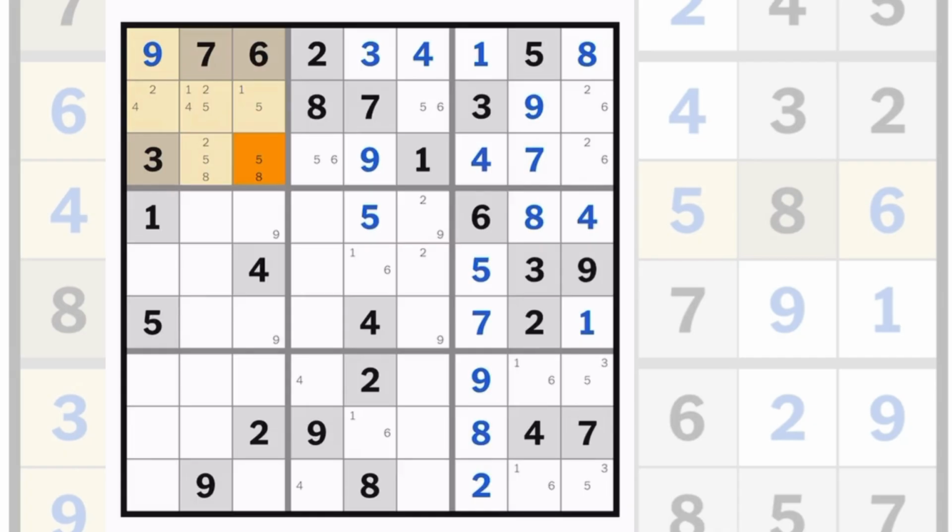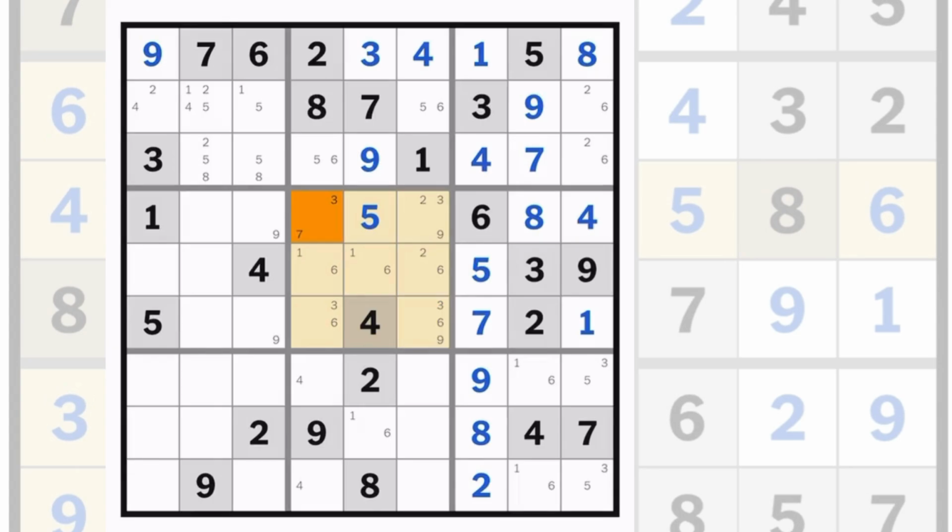So now we'll come to this block. So 1, so this is a cell where we can post 1. 2 is already there, so this can be 3 and 3. 4 is already there, 5 is already there, then 6, no, 6 will not come here, so 6 and 6.